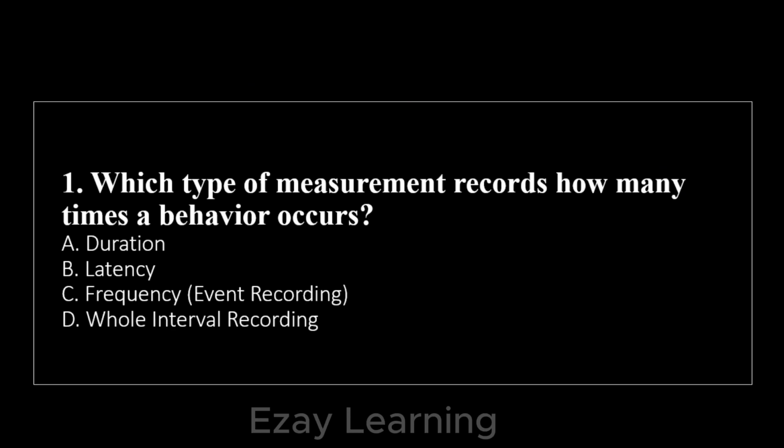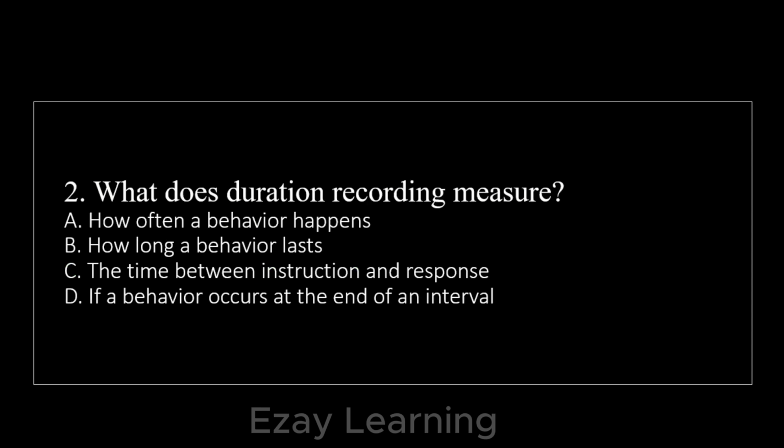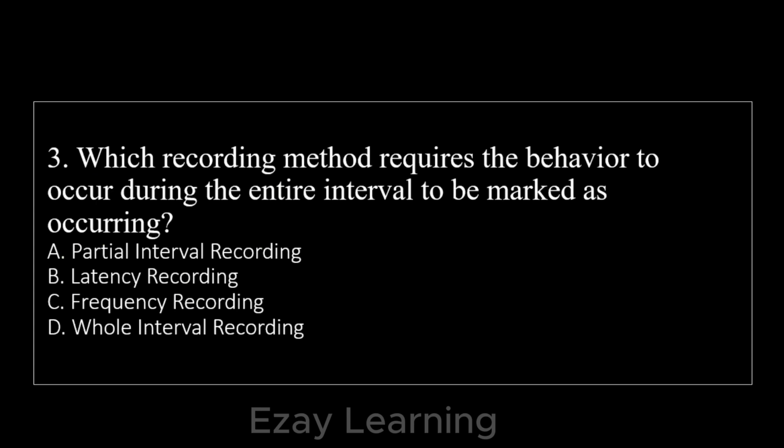Coming towards the MCQs. Which type of measurement records how many times a behavior occurs? Frequency, event recording. What does duration recording measure? How long a behavior lasts. Which recording method requires the behavior to occur during the entire interval to be marked as occurring?